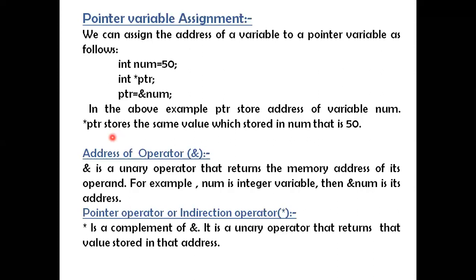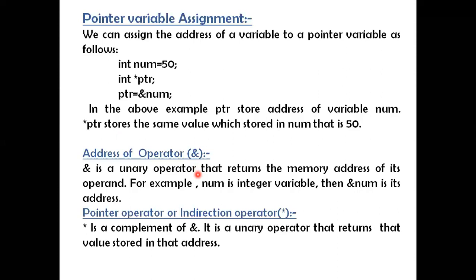Got it? Now, the address of operator, the symbol called ampersand. Ampersand is a unary operator. Unary means, as we all know, that which deals with only a single variable. We studied last year that unary operators are plus plus, that is increment, minus minus, and minus. These three are called unary operators.